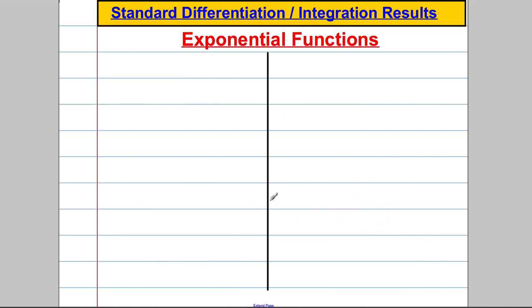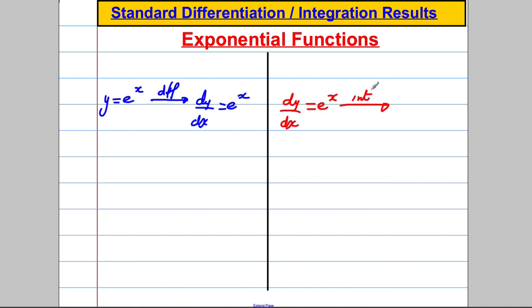Okay, let's think about exponential functions and what happened there. When we had y is equal to e to the power of x, and we differentiated, we got that dy by dx was also e to the power of x. So, if I took that differential, e to the power of x, and integrated, what would I get?